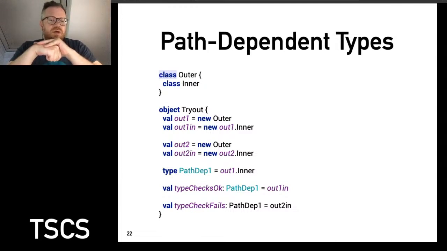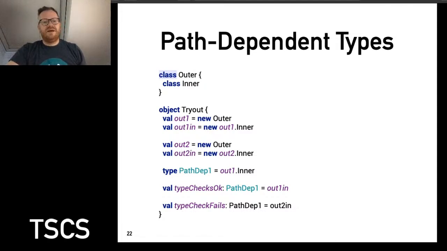And then you define a path dependency, pathDep, as out1.inner. And then type check OK says pathDep1 is out1.inner, and if you compare this with, if you want to assign something to that same type of out2.inner, this will not work.